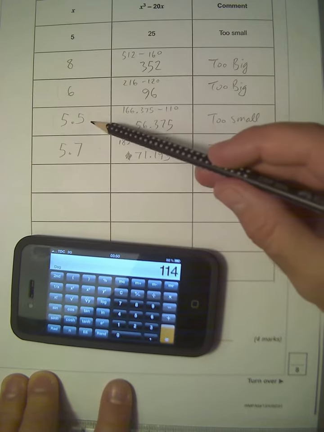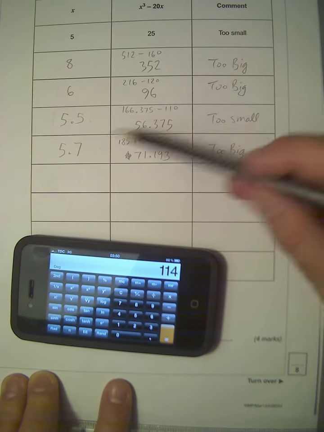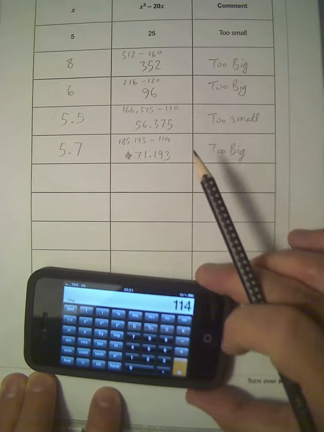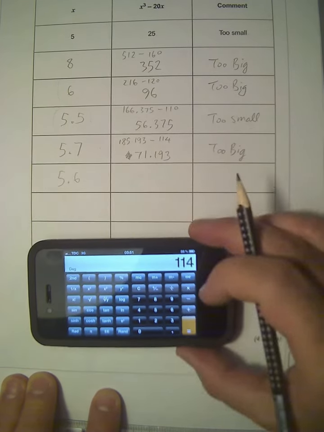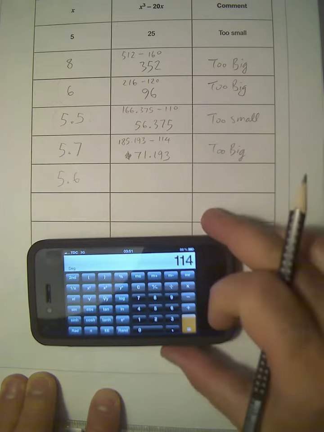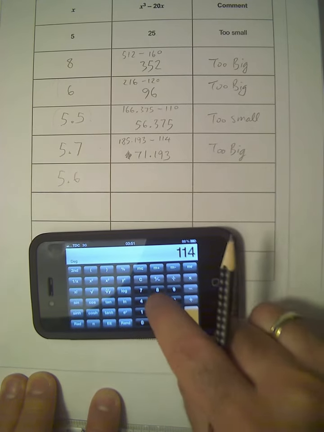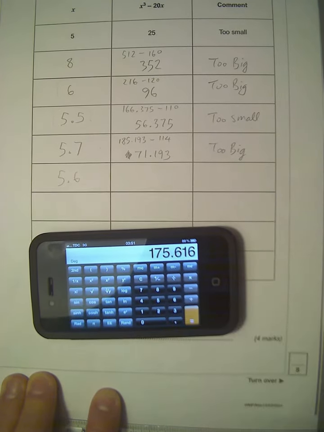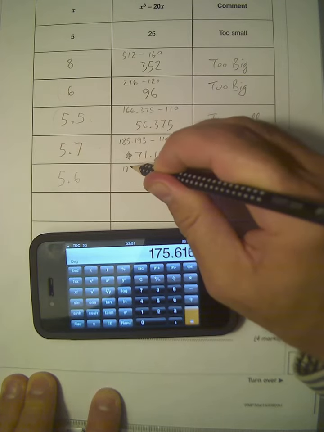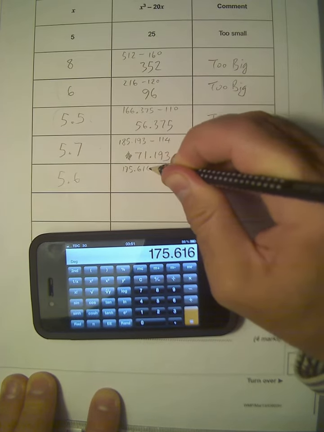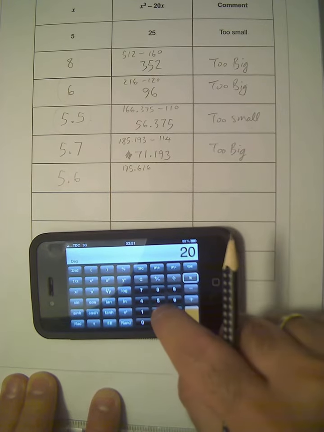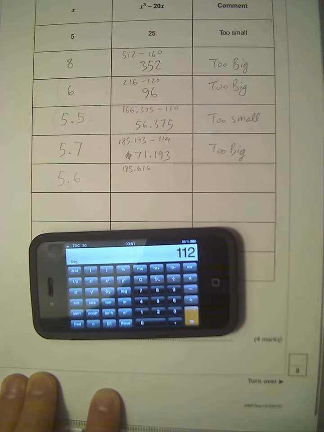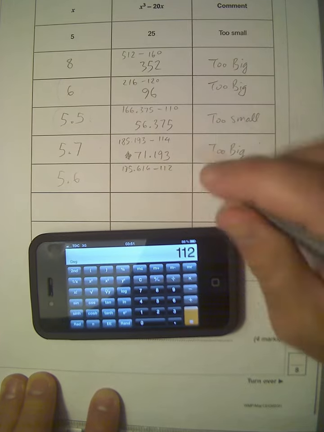So 5.5 gives you something that's too small. 5.7 gives you something that's too big. Obvious thing now is to try 5.6. So 5.6 cubed is 175.616. 20 times 5.6 is 112.